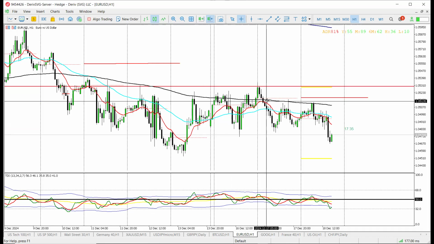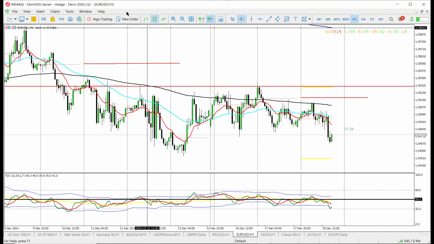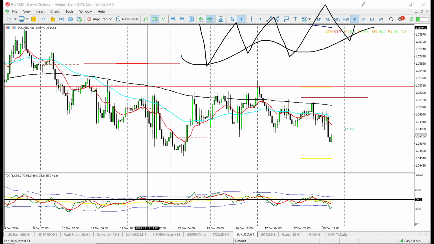It can also work as a dynamic support and resistance. Most people don't know how moving averages work. Let's say you're using a moving average, no matter what value, and you see your moving average going like this, then you see your price pushing up like this. It simply means this moving average is acting as a dynamic support zone.